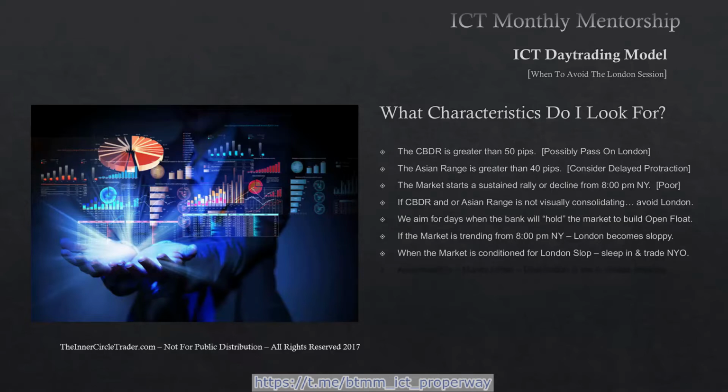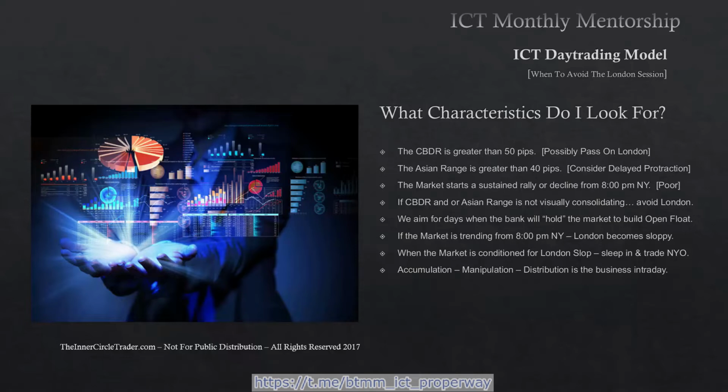Every single trading day will not have the recipe for a clear profile as we described in lesson 5. But when we see these characteristics, it lends very well for us to weigh whether or not we're going to be participating in London. Or if we do participate in London and we second guess it and we have to see it for ourselves by experience, trade with very, very little risk, because you're probably going to regret doing it.